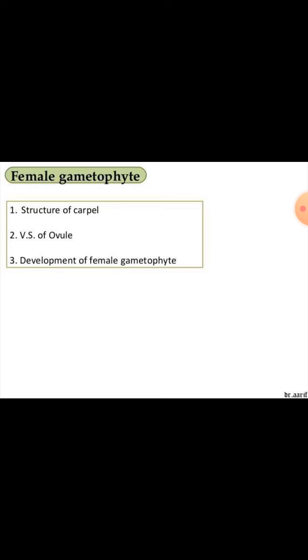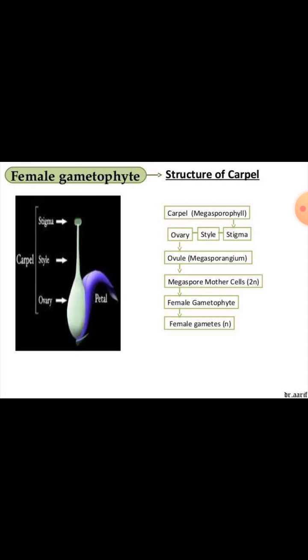There is the ovary with stigma and style, and inside the ovary is the ovule, otherwise called the megasporangium. In the ovule, the megaspore mother cell is diploid in nature and produces the female gamete. During reduction division, the female gamete develops.